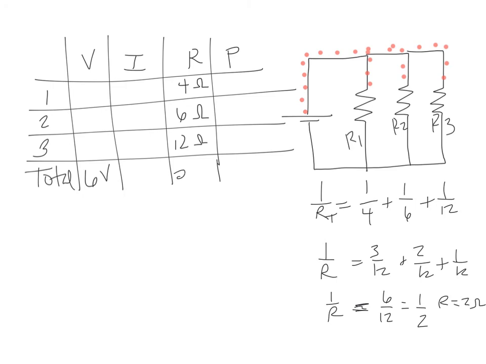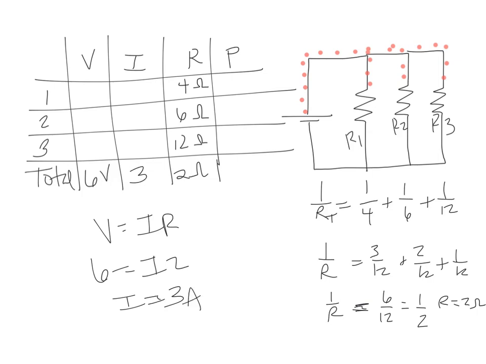Okay, well that's handy, because again I can do V equals IR for the whole circuit. So 6 equals I times 2. Current is now 6 over 2, which is 3. This is not series though, so I can't put 3 everywhere. But this is the junction rule, which means I have 3 amps here, and it's going to split up somehow. 3 amps will come back joined together here. But because it's in parallel, the opposite part of the rule is that the voltage is the same everywhere.